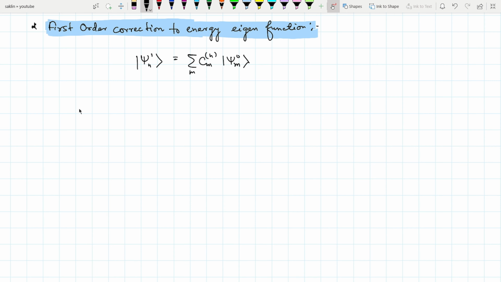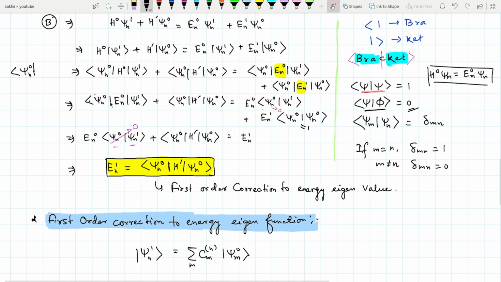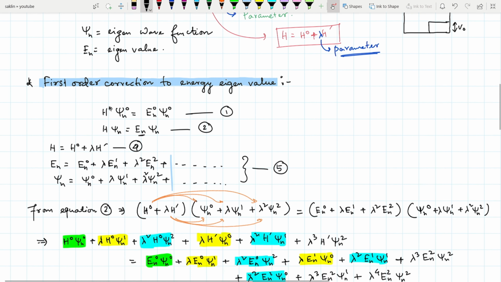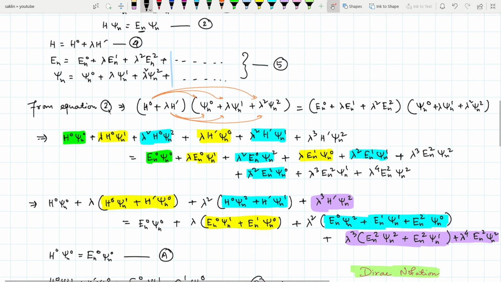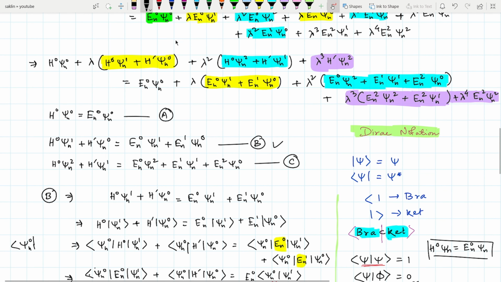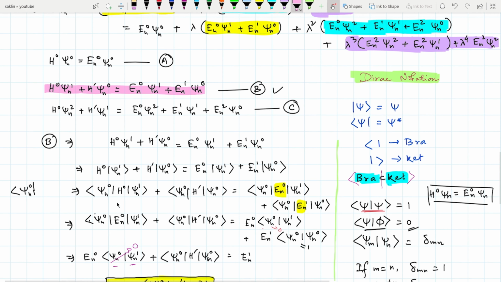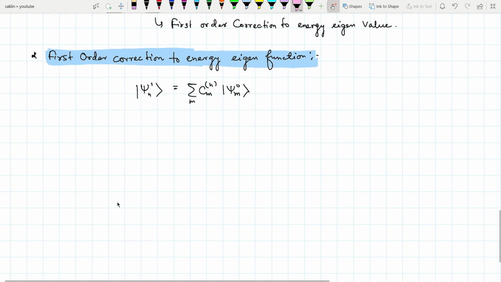So now what will we do? We will take the first order equation, which is equation B. We will write it.